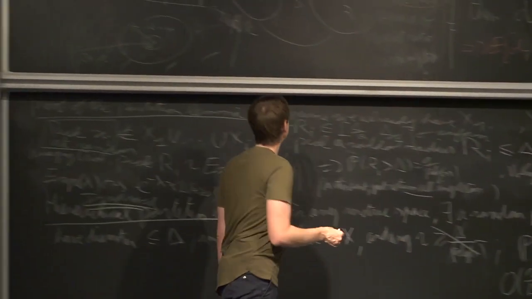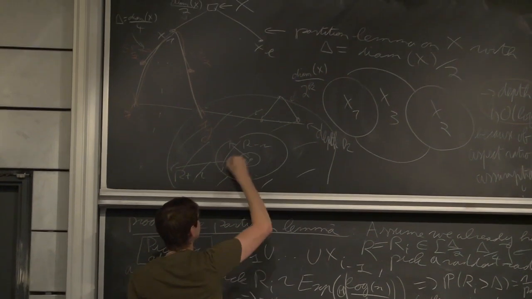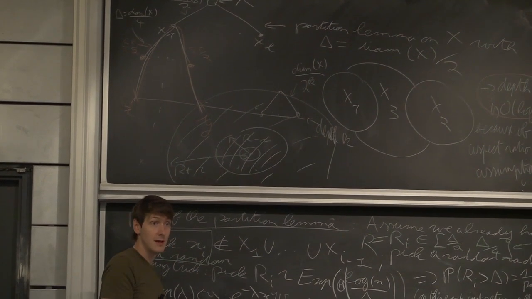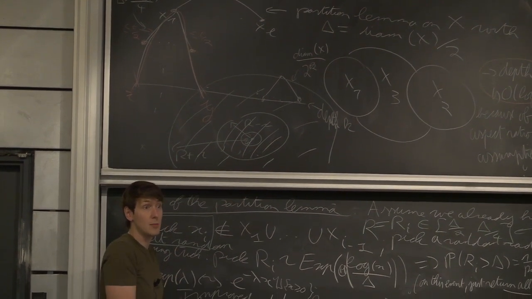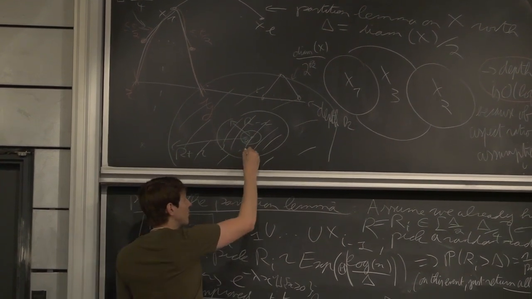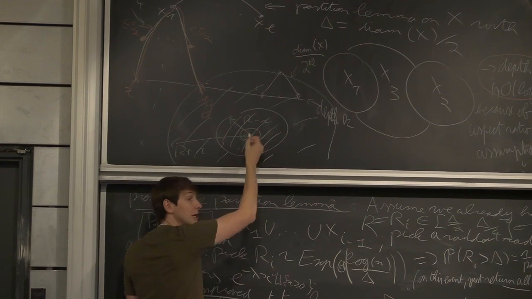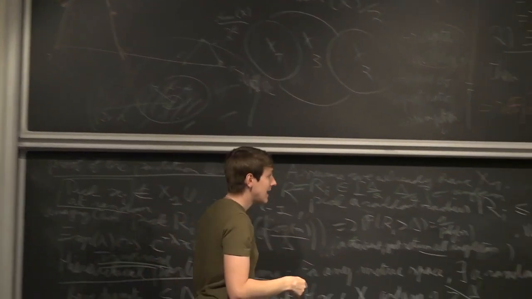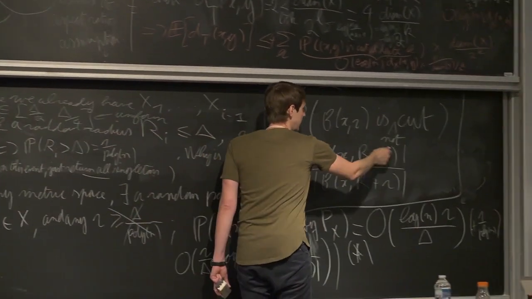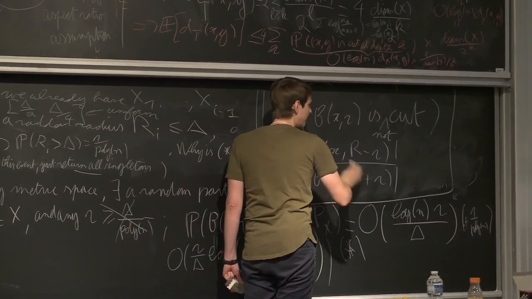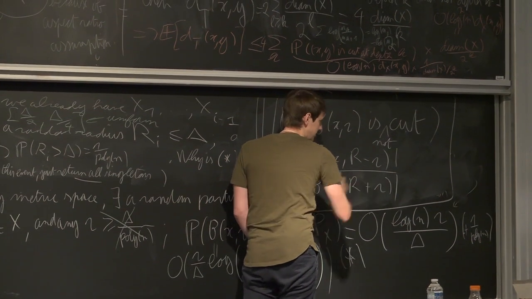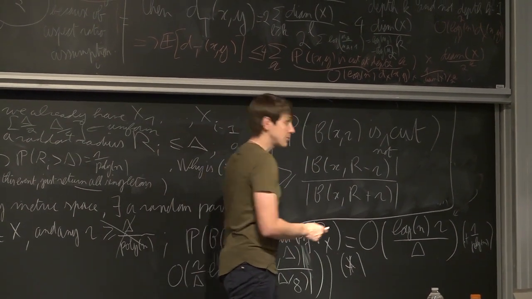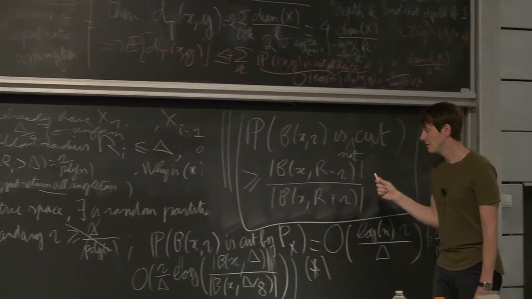And if I select a point from inside the small ball first, then I have saved my little ball. Because if I pick a point from this white ball, it will contain the tiny ball inside. So as long as I pick a point from this set before picking a point from the complement of this set, I'm saved. So it's not cut with that probability.